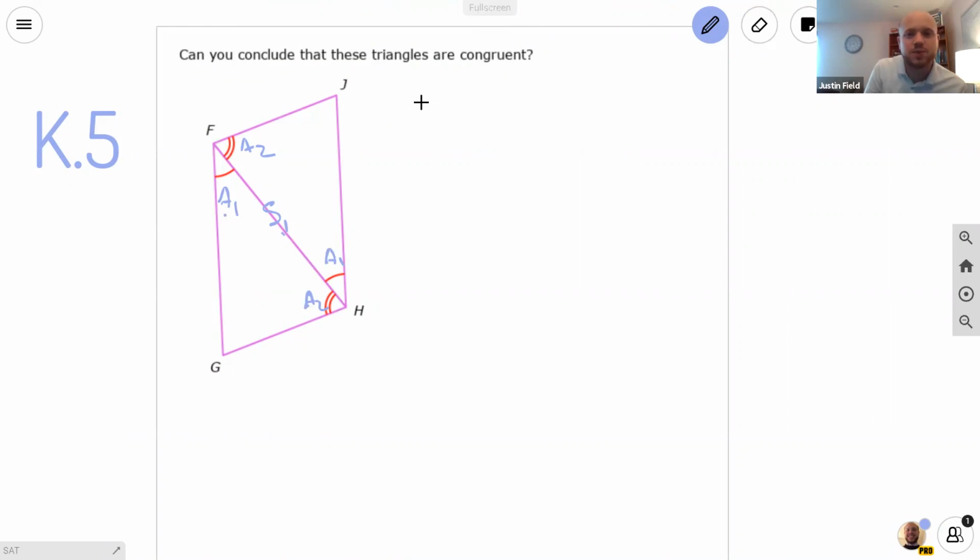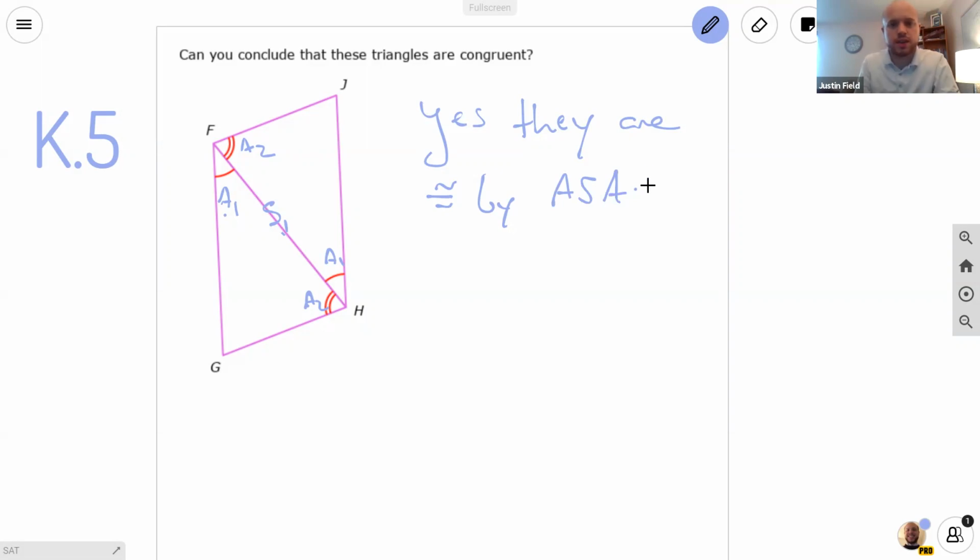So I'm not going to prove this one because it's already a long video, but yes, they are congruent by angle, side, angle, triangle congruence theorem. And don't forget about the reflexive property.